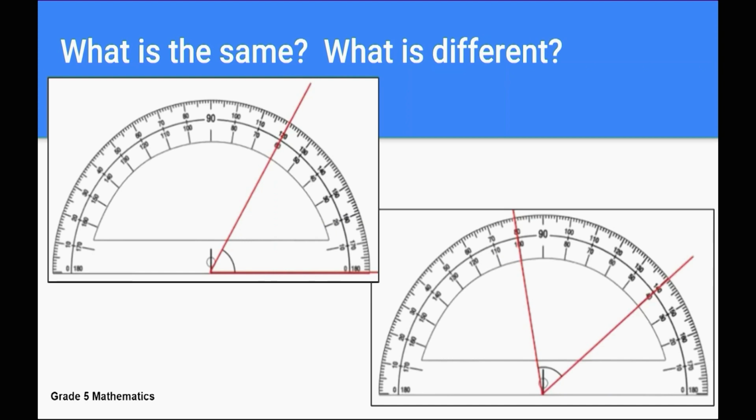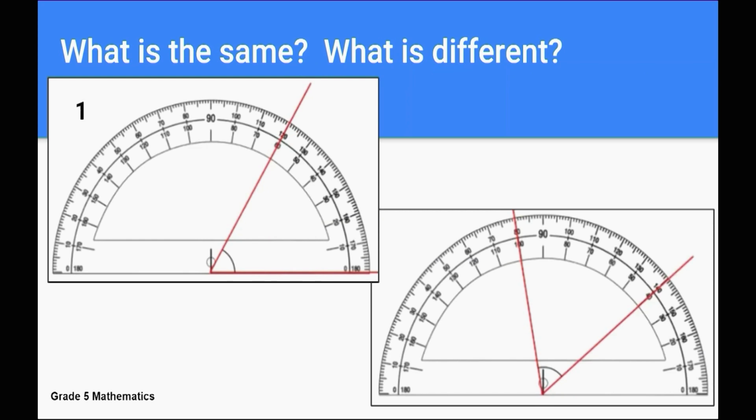Did you notice that both of these angles measured 60 degrees? Both of these angles are acute angles.